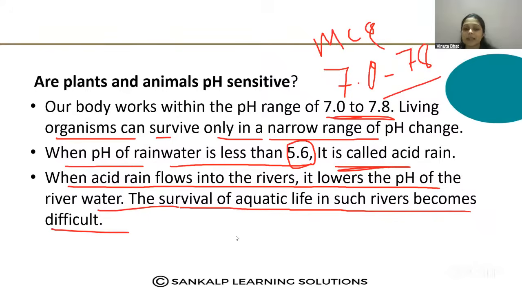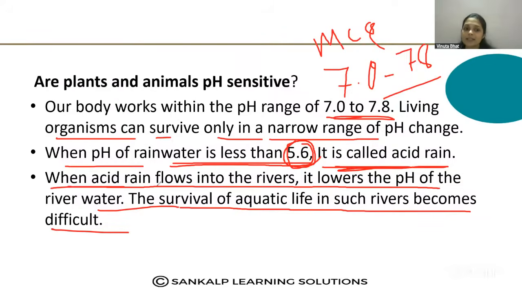Sometimes the rainwater mixes with gases, that is sulfur dioxide and nitrous oxide, and it produces water which is acidic. So when the pH of the rainwater is less than 5.6, it is called acid rain.